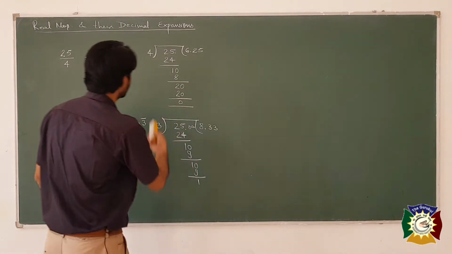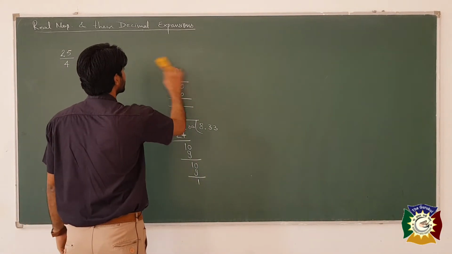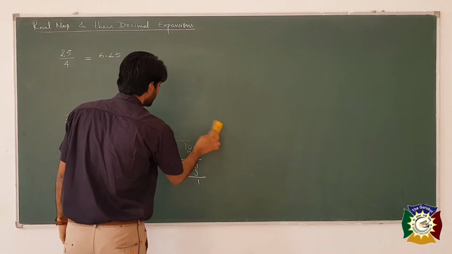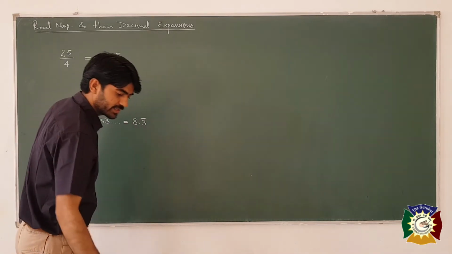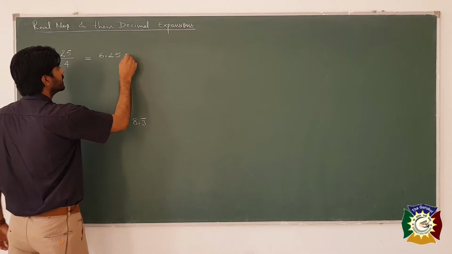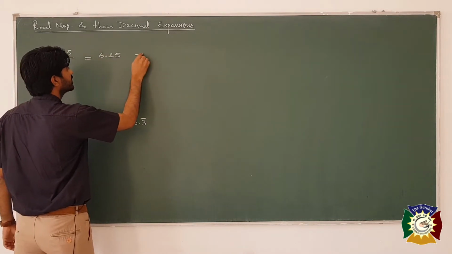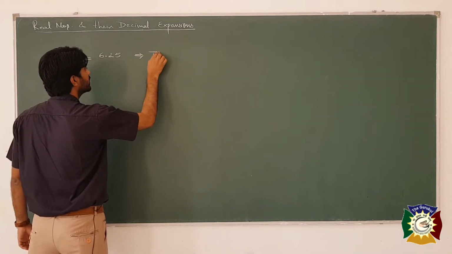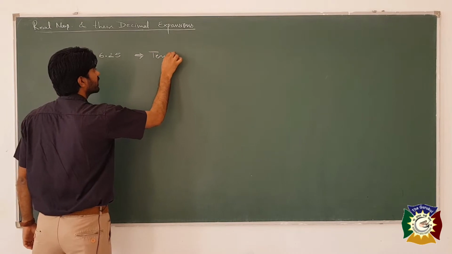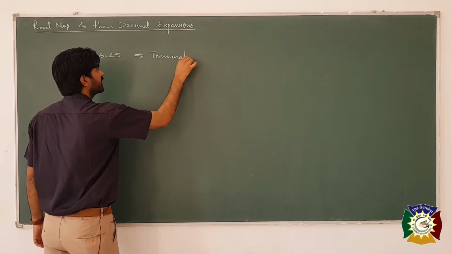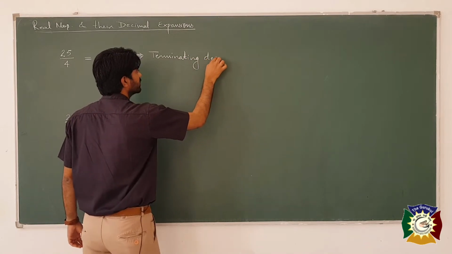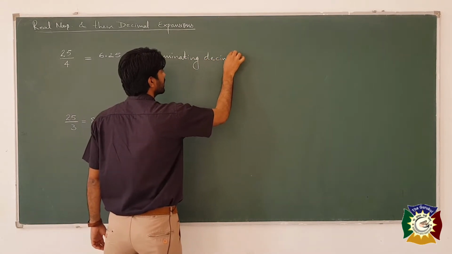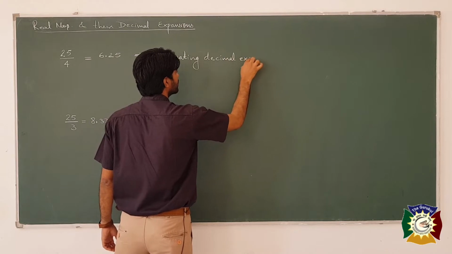So on the basis of these divisions and these decimals, we have divided them in two categories. That is, this decimal expansion is called terminating decimal expansion.